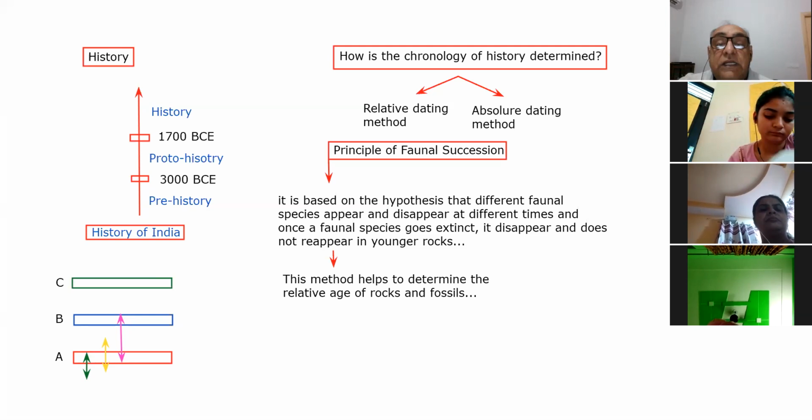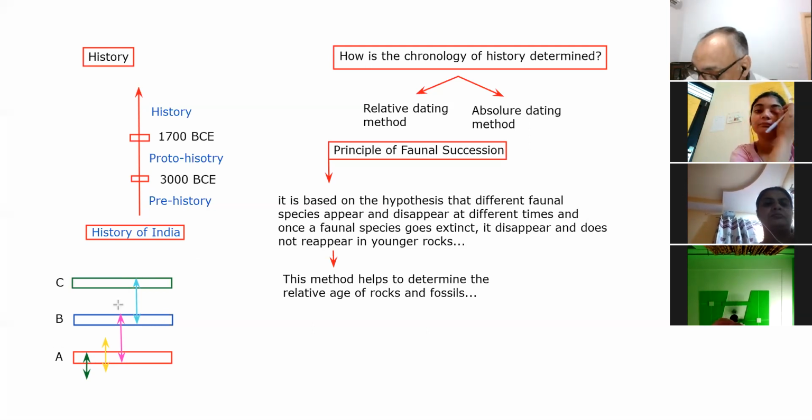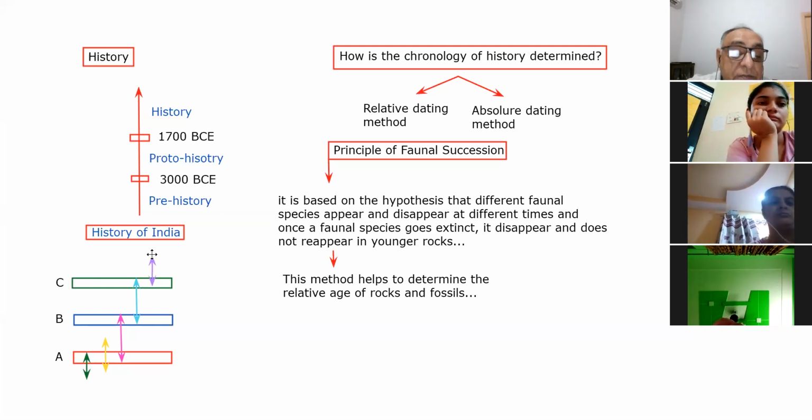And let's suppose there can be another species, which starts here and got extinct by the time it reaches here, right? Now let us take another species. Let's suppose this species starts here and goes beyond this.